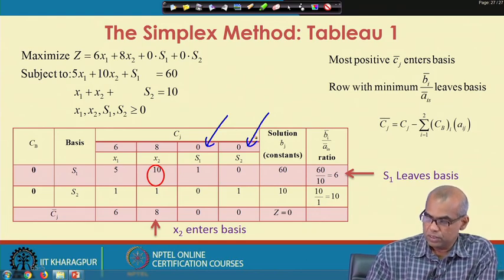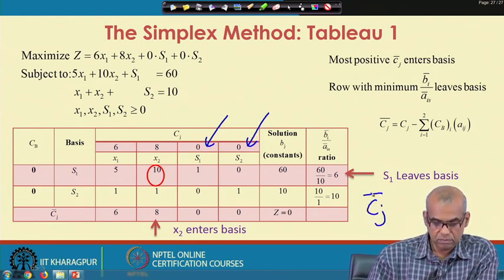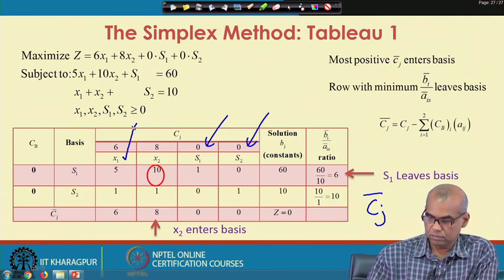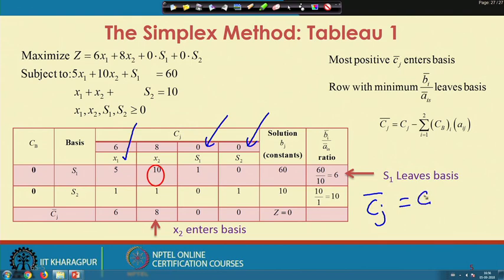So, Cj bar for x1 will be Cj for x1, which is 6, minus 0, because Cb is 0 for S1, S2 both.